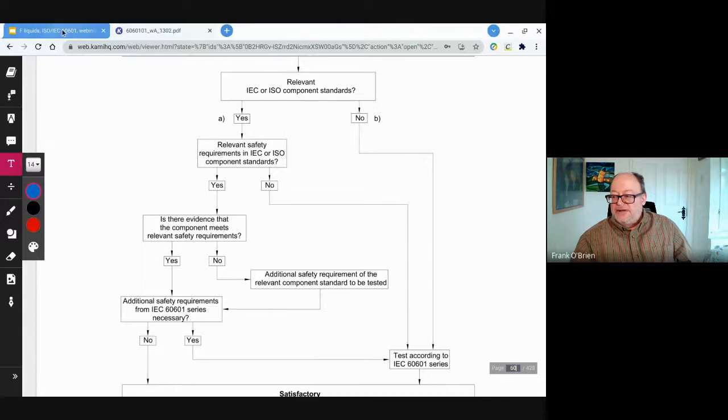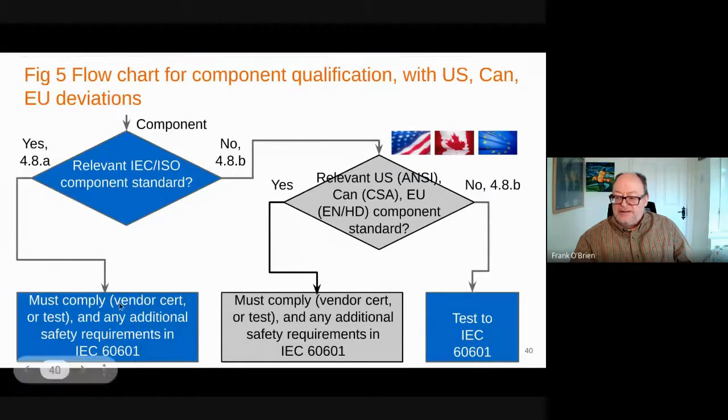So I've done that here. But anyway, say there's no relevant IEC ISO component standard. These three jurisdictions said, is there a relevant one for our jurisdiction? And if there is, you must meet it and the general standard.